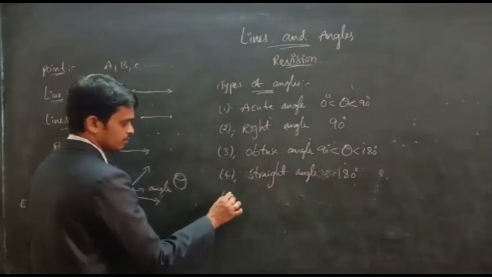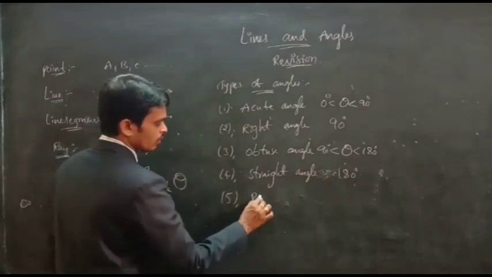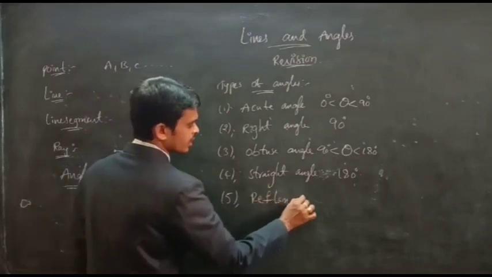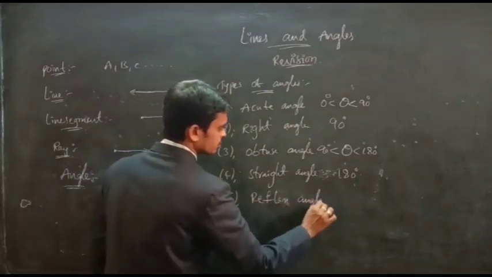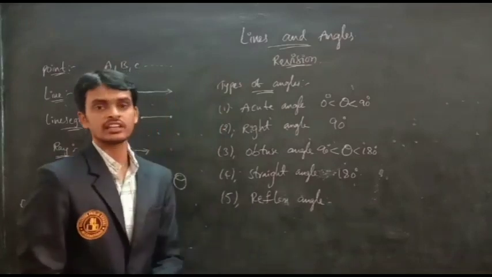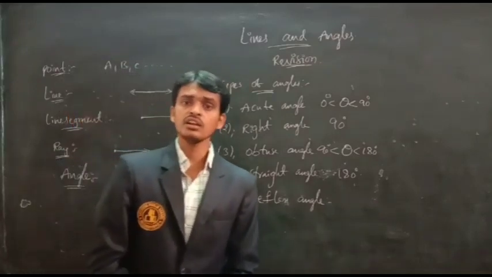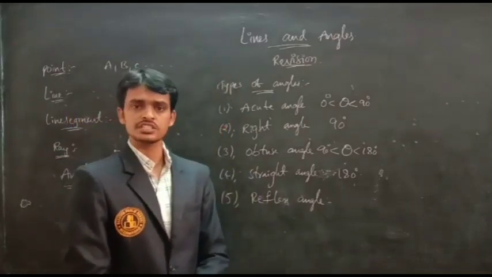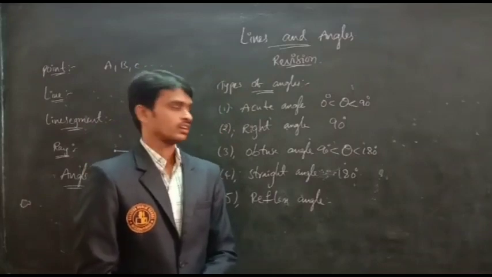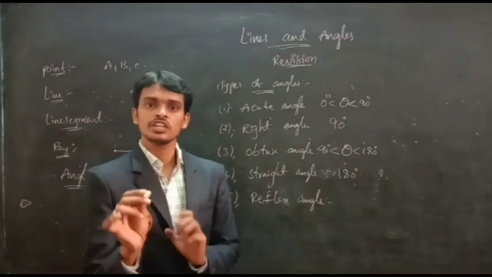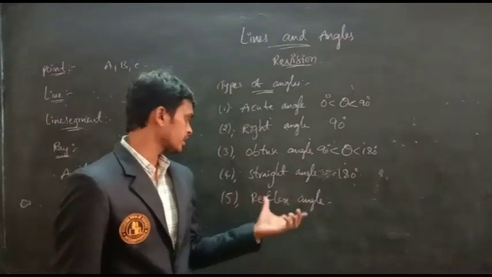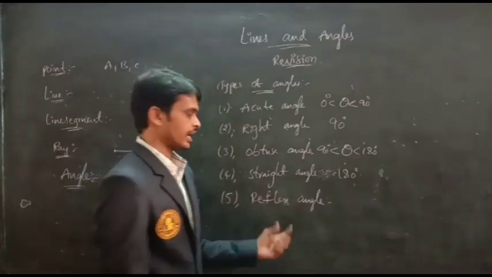Fifth one, reflex angle. If an angle measures between 180 and 360 degrees, then the angle is said to be a reflex angle.